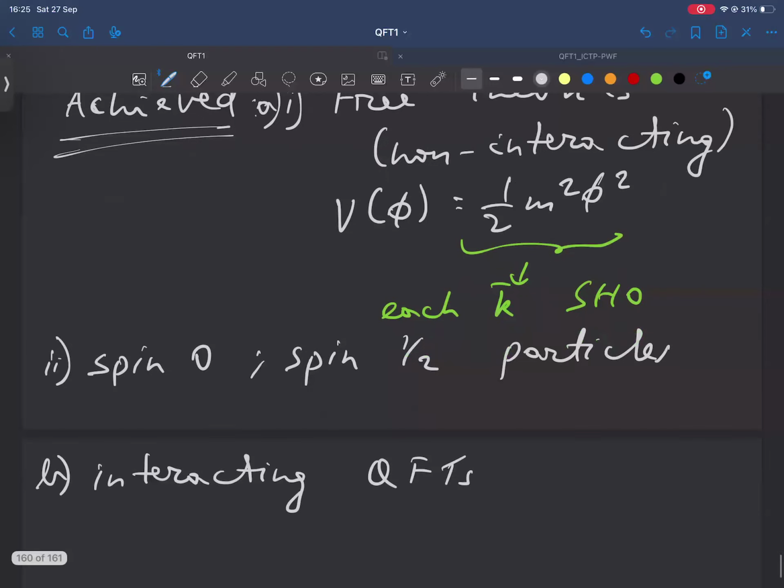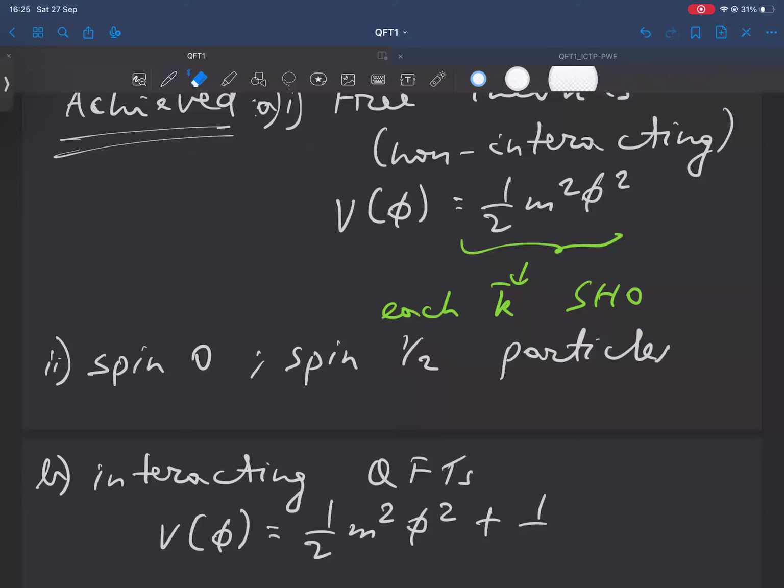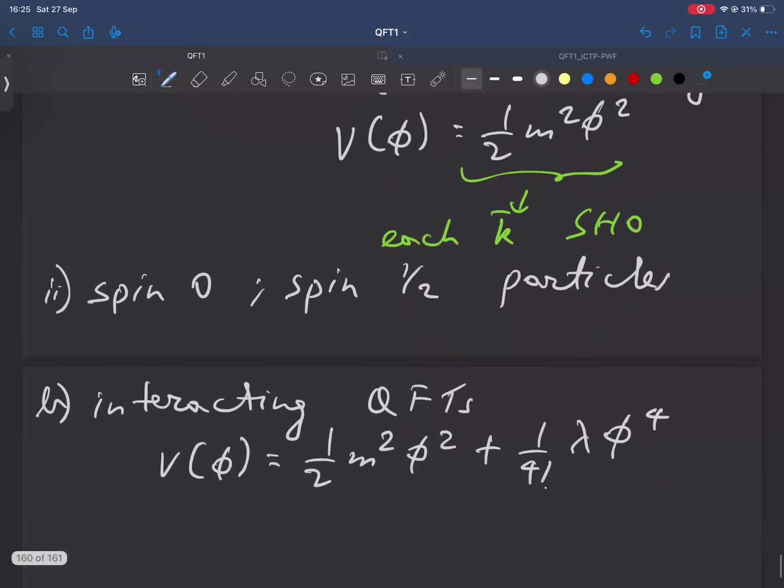I guess your first step would be to add interactions on top of the simple harmonic potential. So you will study something like lambda phi to the 4 over 4 factorial. This term is an interaction term which will now lead to coupling of your oscillators.